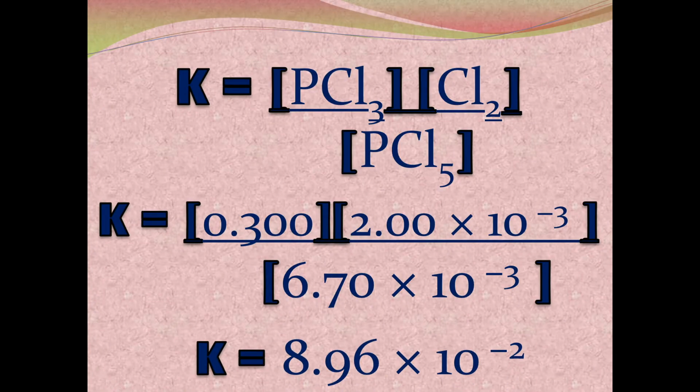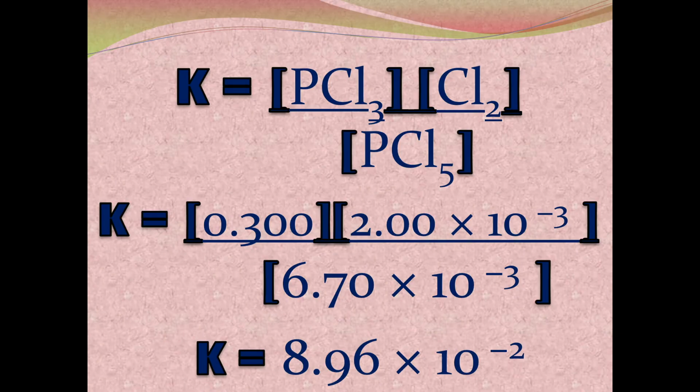So the first thing we can do with K is to take all of the numbers that they give us, put them into an equation that looks like K, and figure out if we're at equilibrium, and if we're not, which way we are going to go. The second thing that we could do is to take a certain amount of initial concentrations of reactants, products, it doesn't make any difference which one, and then figure out what is going to happen to them at equilibrium, and then find a K value.